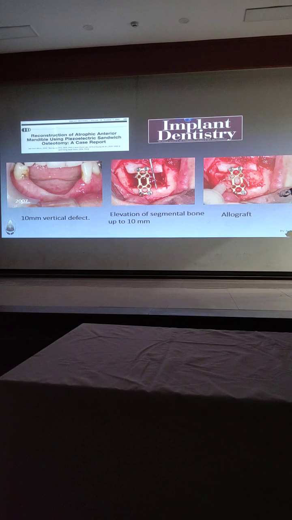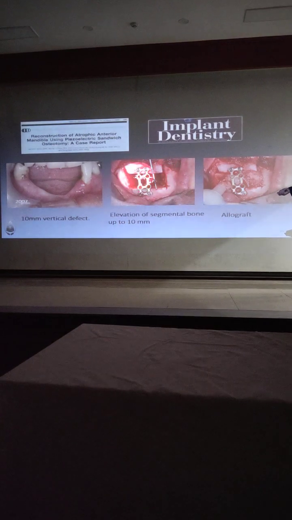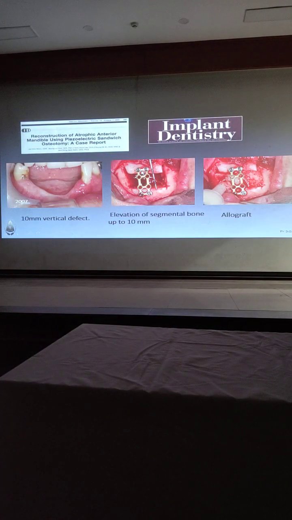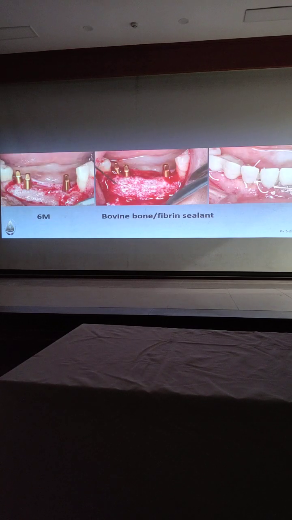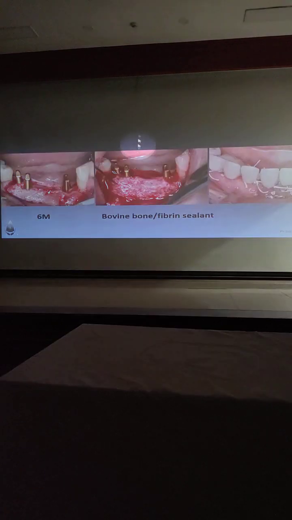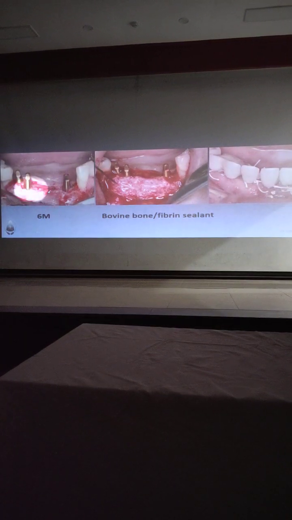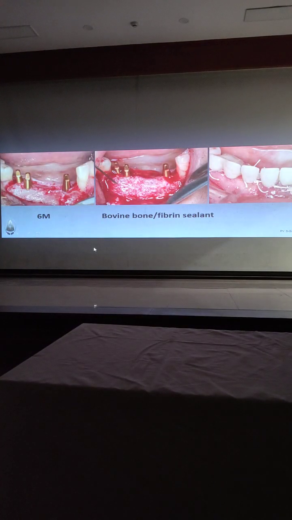And the segmented bone was stabilized with the micro plate, and the gap between segmented bone and basal bone was filled with bone allograft. After 6 months healing, the one piece implant was placed.